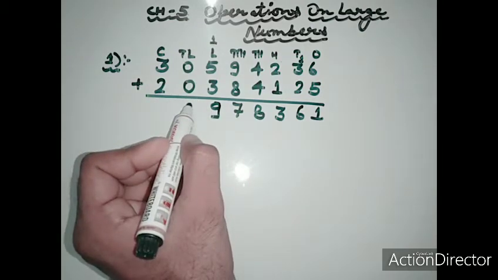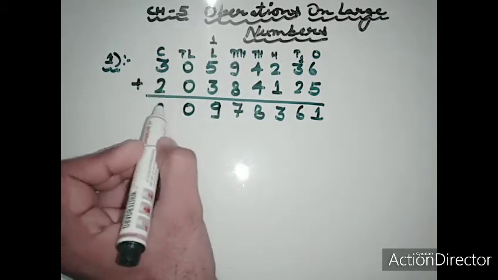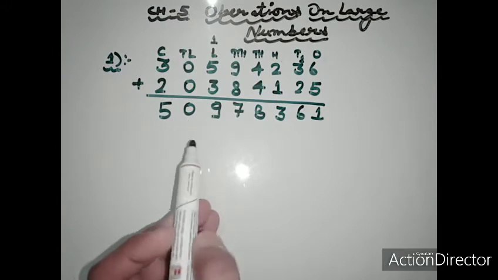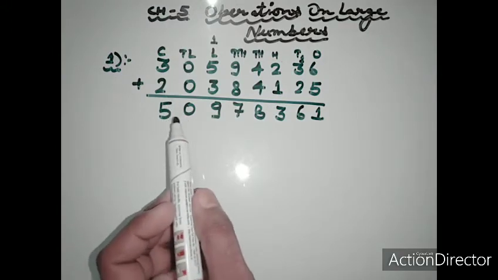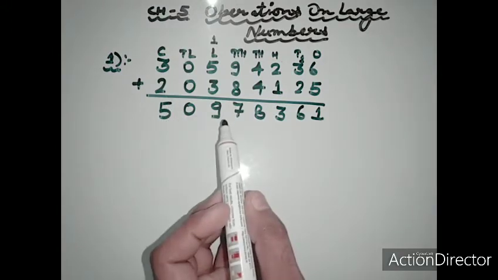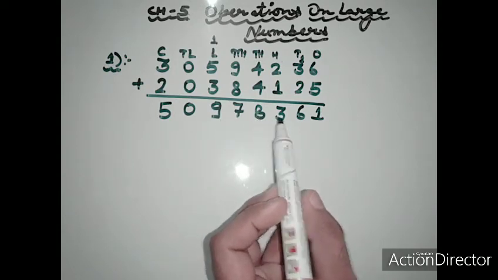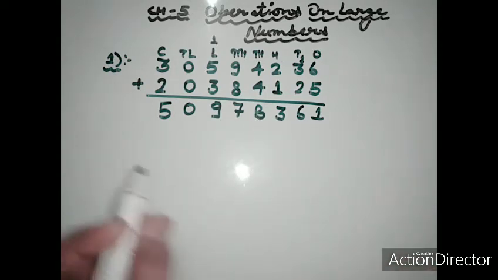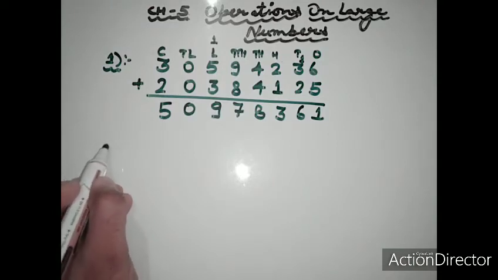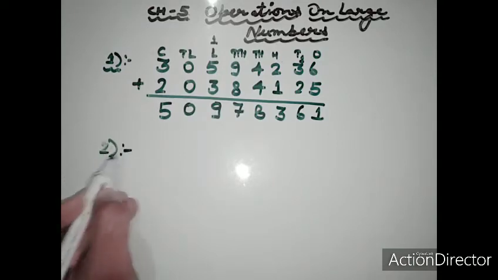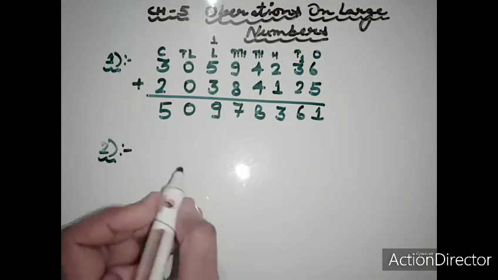Now 0 plus 0, 0 and 3 plus 2, 5. So dear students, when we add these two numbers here we get 5 crore 9 lakh 78,361.